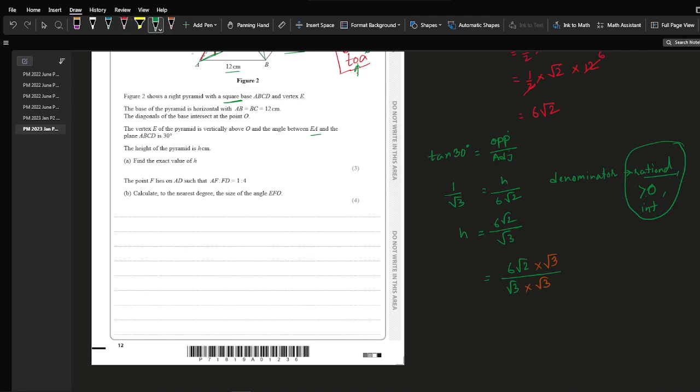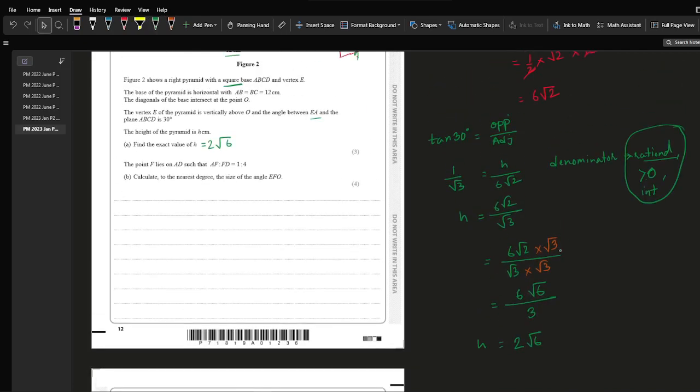The bottom root 3 times root 3 gives 3, and at the top 6 stays, and root 2 times root 3 gives root 6. Now this 3 and 6 cancel out, we get 2 root 6. This is our H. So the value of H is 2 root 6.